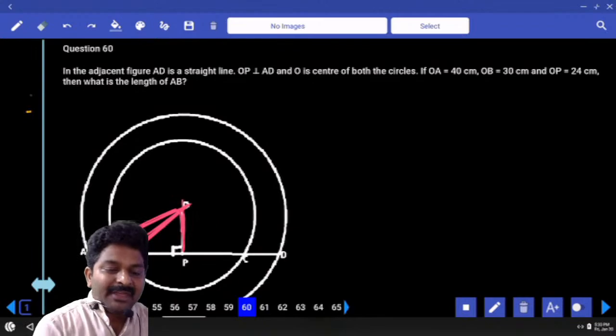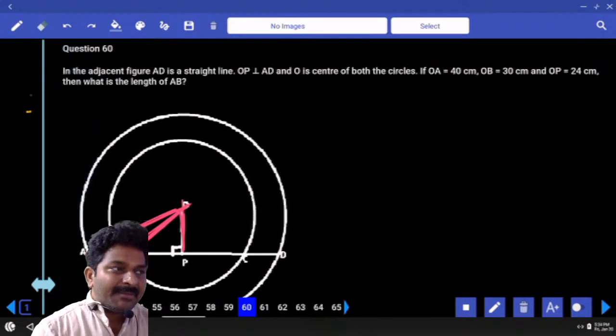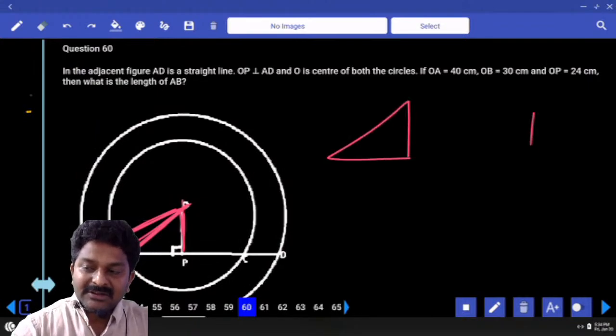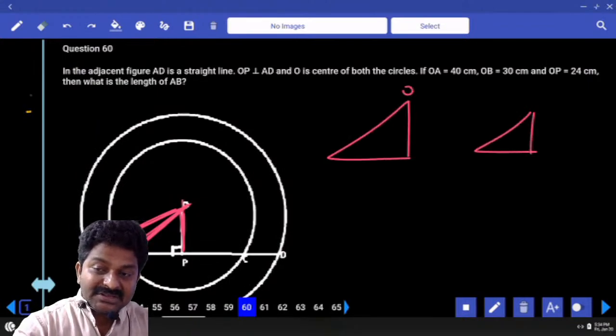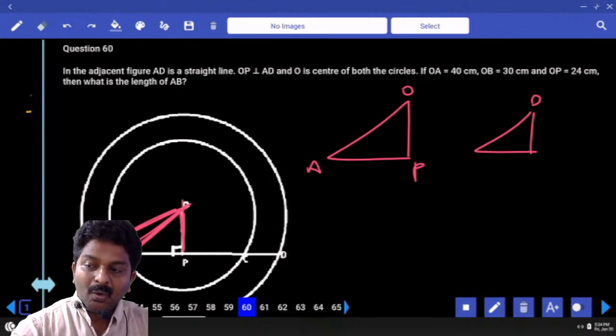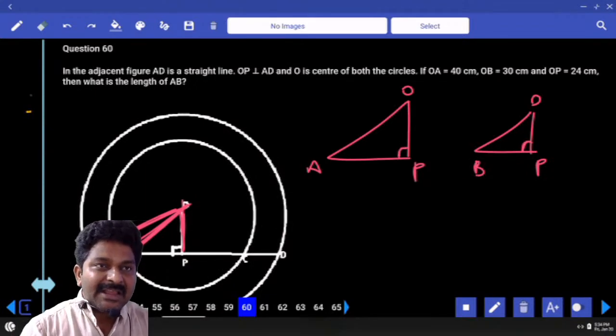Now the length of AB. We were asked to calculate the length of AB. See, I have two triangles here: OPA and OPB. As they are perpendicular, it forms a right angle here.